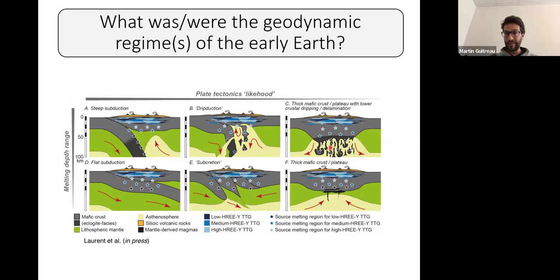To more like stagnant lid scenarios where you have either delamination that induces melting and construction of the crust, or just reworking of the base of the crust to generate some magmas that will create the crust. So these are more or less a summary of the geodynamic regimes that may have occurred on the early Earth.